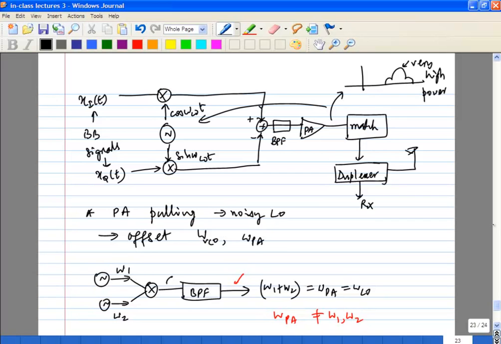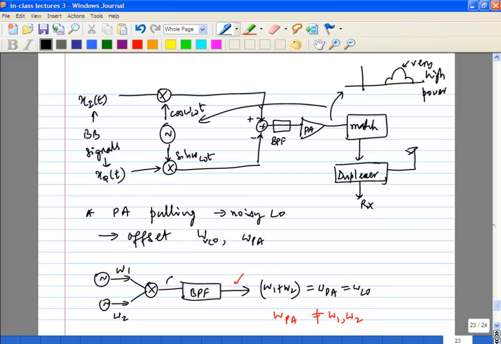So the PA actually has a very large output power coming out of it. What is going to happen? It is basically radiating that power. Now it so happens there will be a parasitic path from your PA to your VCO. There are several parasitic paths. If they share the same supply, that is one parasitic path. If they share the same substrate, that is another. If they are close to each other, that is another parasitic path through EM coupling.